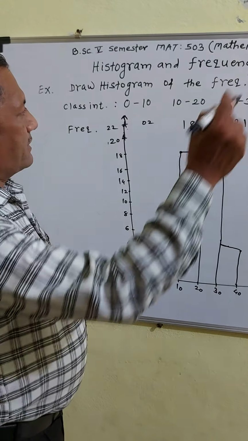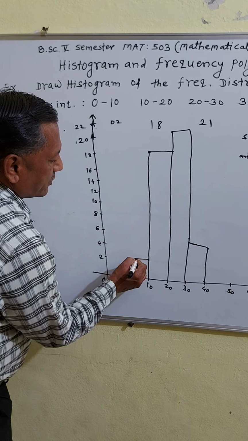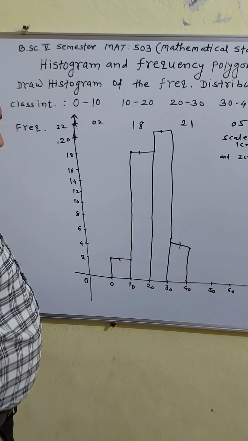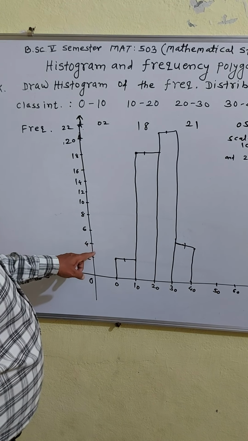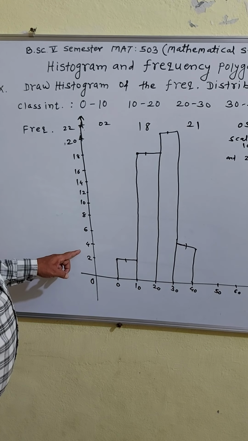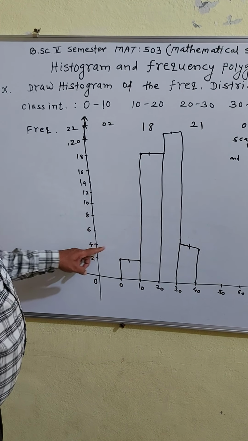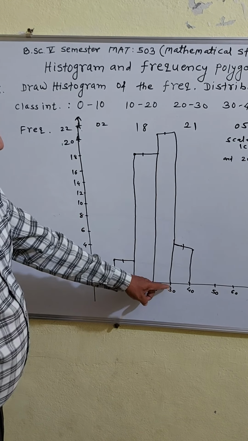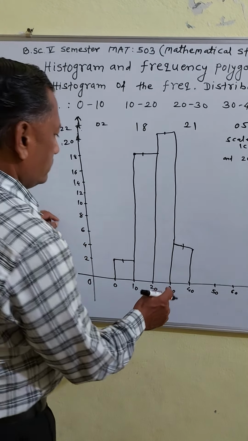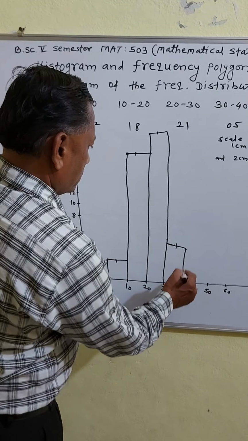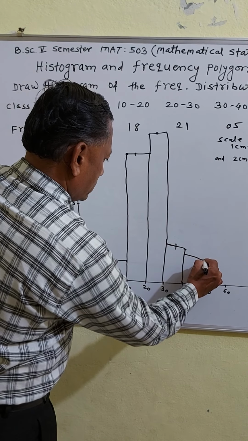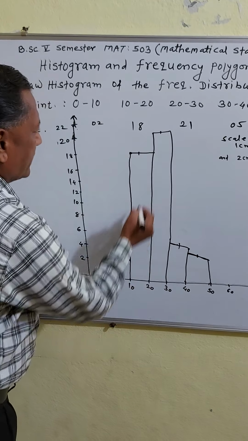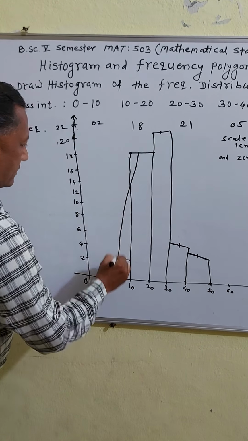Then to draw a frequency polygon, you join the middle points of each rectangle by means of straight lines.